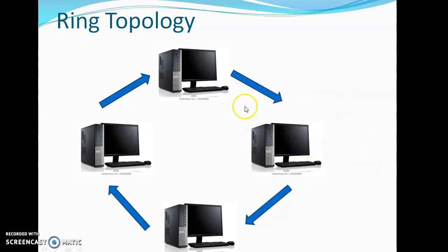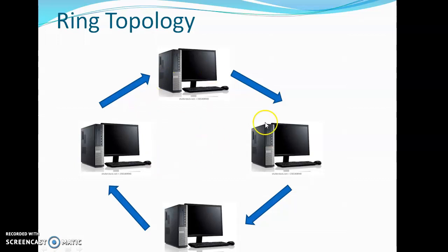So there is no way for me to send the message from this computer to this computer. Between these three there will be communication, from here to here to here. But if the message has to be transmitted through this one, it will not accept anymore. That particular transmission will not be possible. This is the main problem with your ring topology.